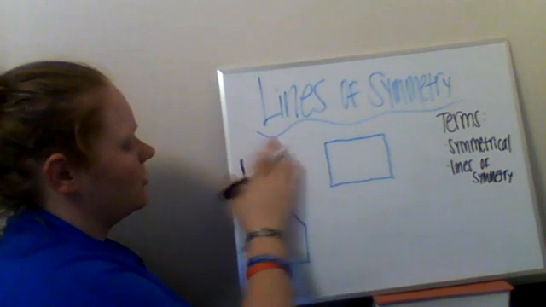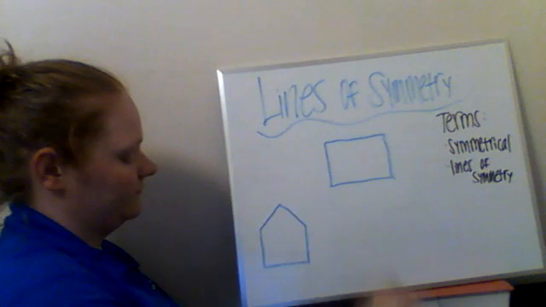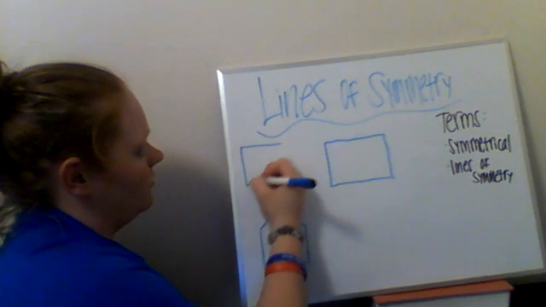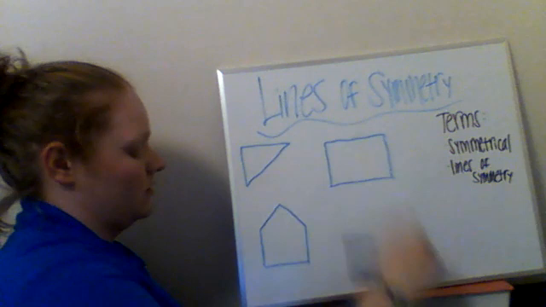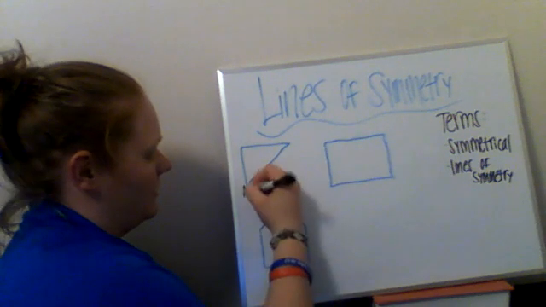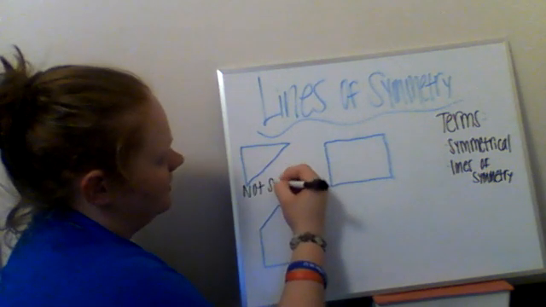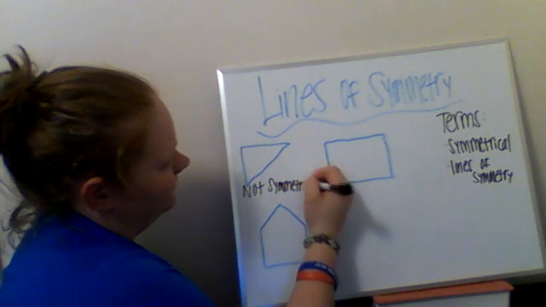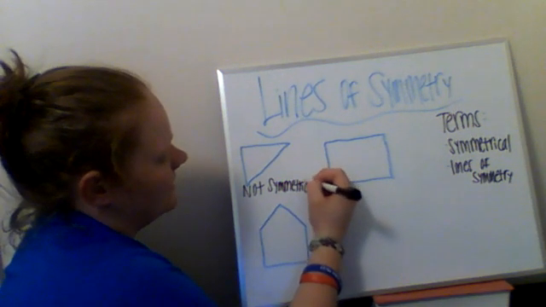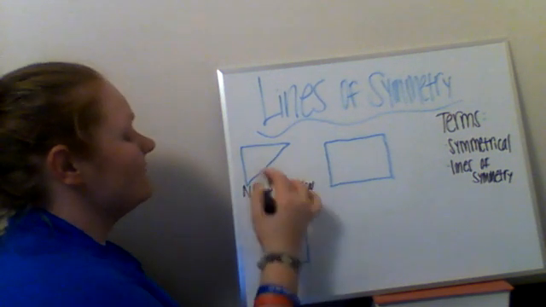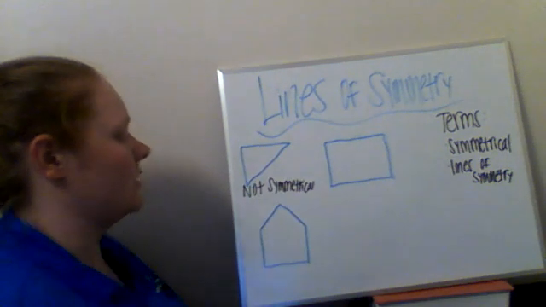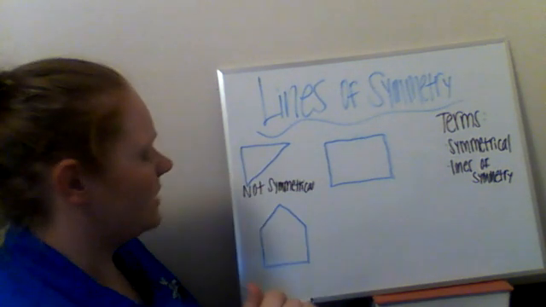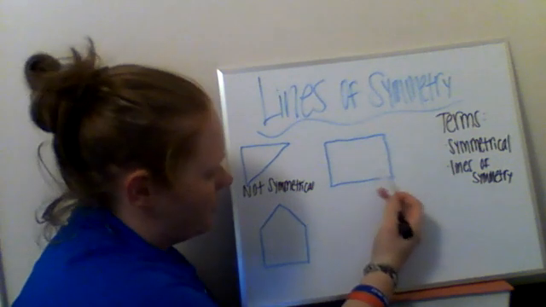Okay, so I'm going to draw this shape again and I'm going to put not symmetrical, which just means there's no way I can have a line of symmetry in this object. It's too awkward.